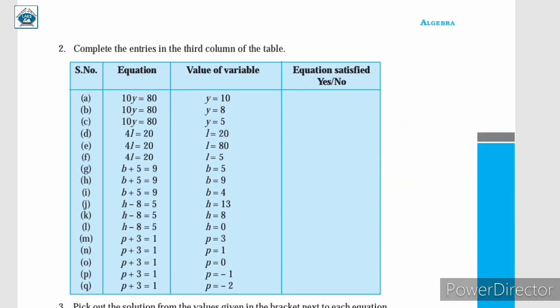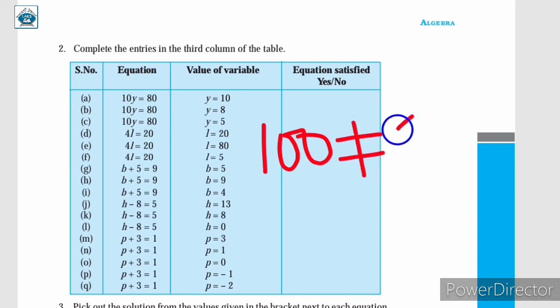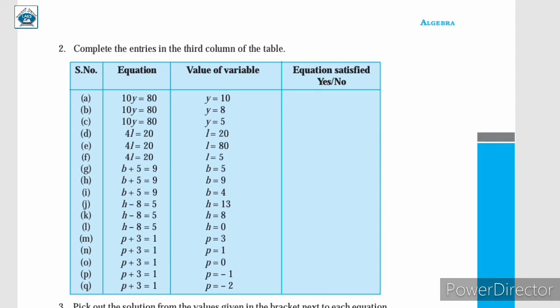In the LHS we got 100, but 100 is not equal to 80. So here LHS is not equal to RHS. Therefore the equation is not satisfied. So what will be the answer to the first part? It is no. The equation is not satisfied. Next we have 10y is equal to 80. The equation is the same.